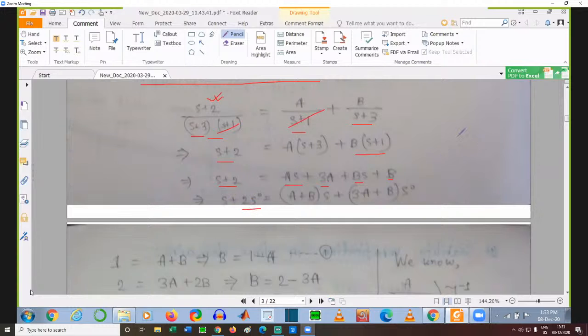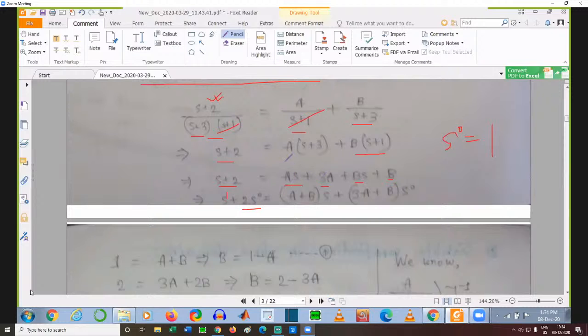You know that s to the power 0 equals 1. So if there is no s, you can write s to the power 0. And this is s to the power 1, the first s is s to the power 1.